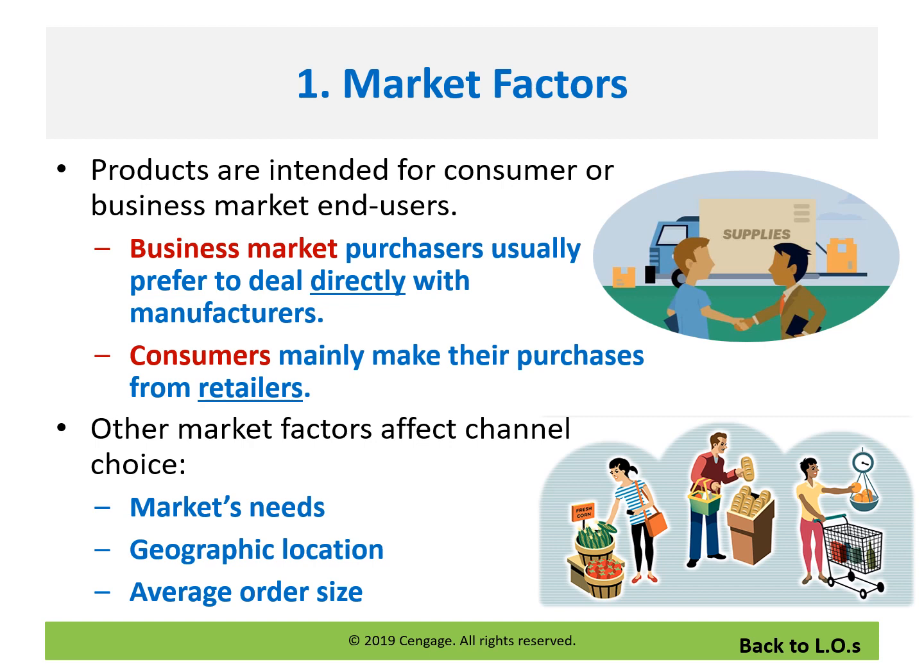For business market purchasers, they usually prefer to deal directly with the manufacturers. Consumers mainly make their purchases from retailers. Other market factors which affect channel choice include the market's needs, or the geographic location of the market, or the average order size.